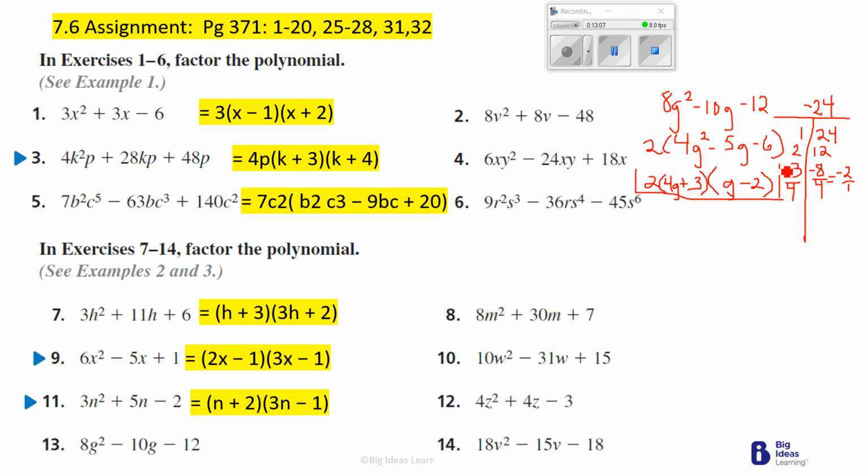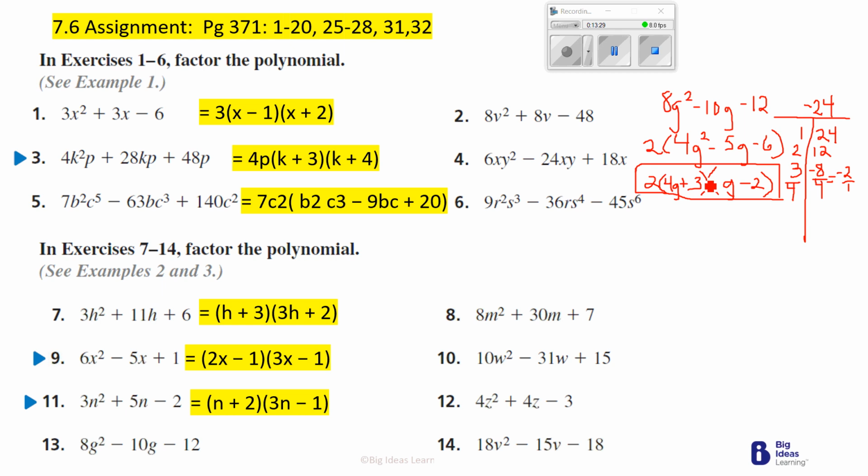I'm going to double check my work just to make sure I got it right. I know that 4g times g is 4g to the second power, times 2 would be 8g to the second power. I know that 3 times negative 2 is negative 6. Negative 6 times 2 is negative 12. And now I take 4g times negative 2, that's negative 8.